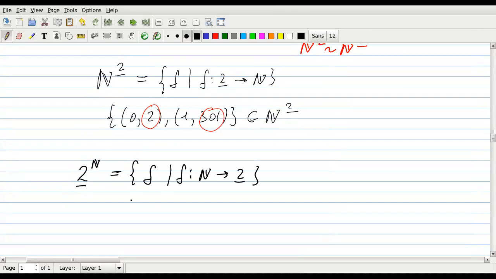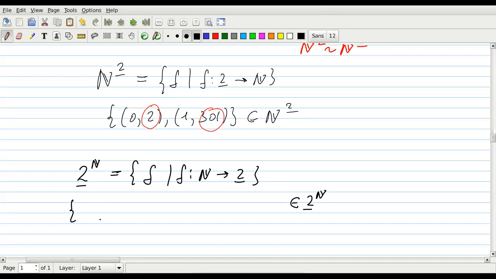How many pairs does every such function contain? Infinitely many. Can you give an example of such a function? It should assign either 0 or 1 to every natural number.